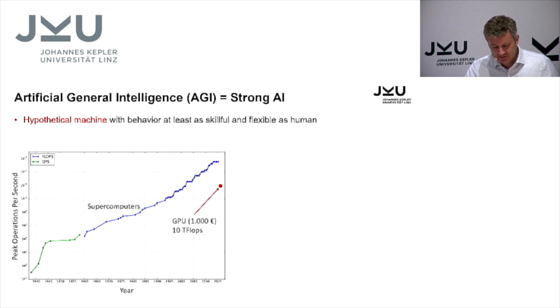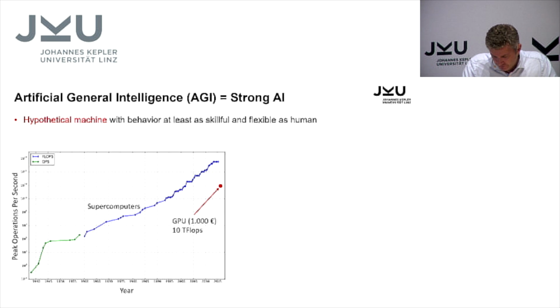But just as a teaser, let us look at the development of the peak operations per second in the best supercomputers in the world. We have here the graph starting shortly before the Second World War, and note that the axis is logarithmic. So we have an exponential increase in computing power.